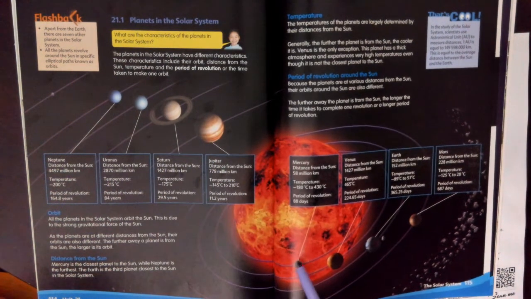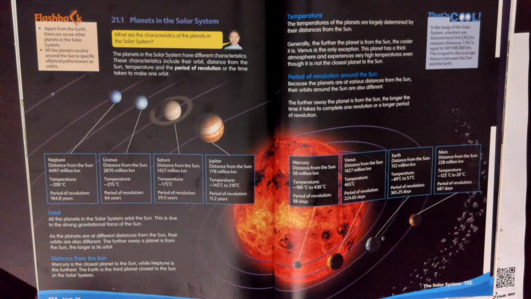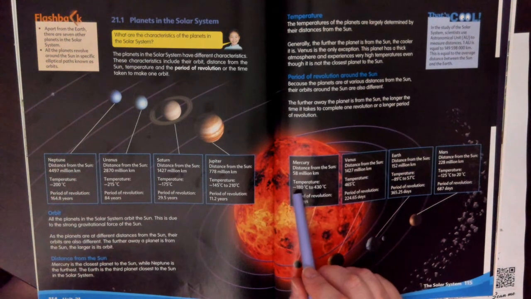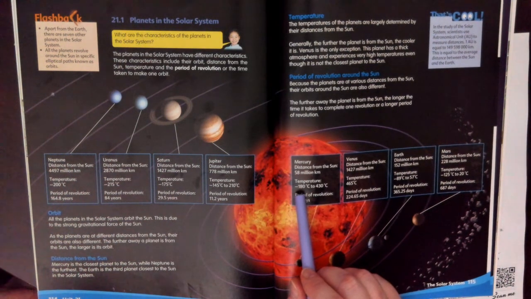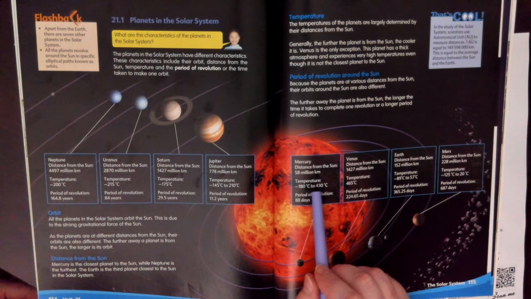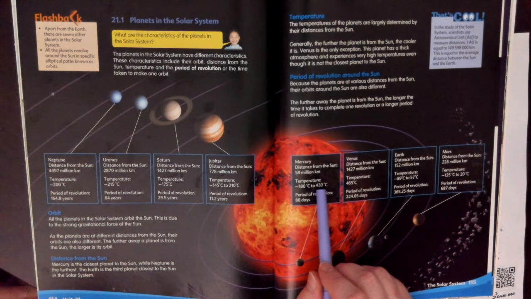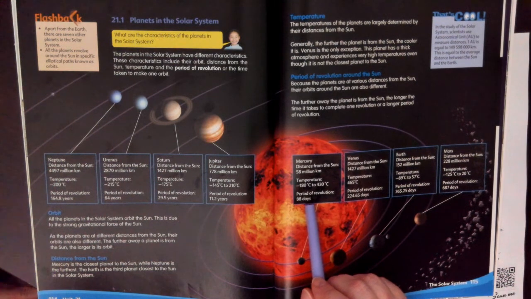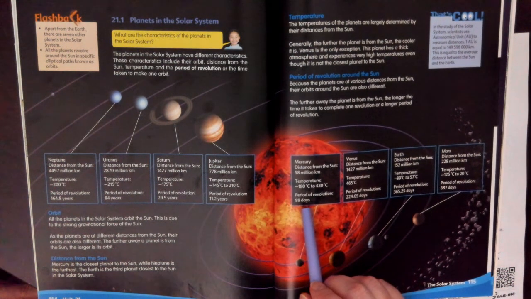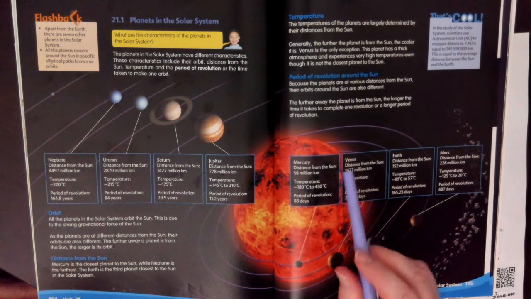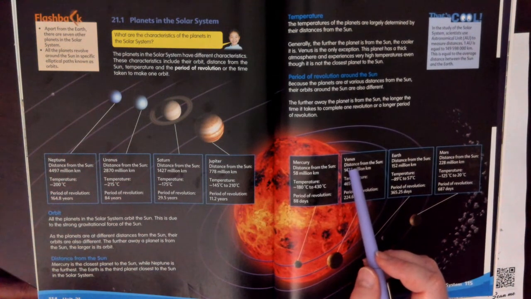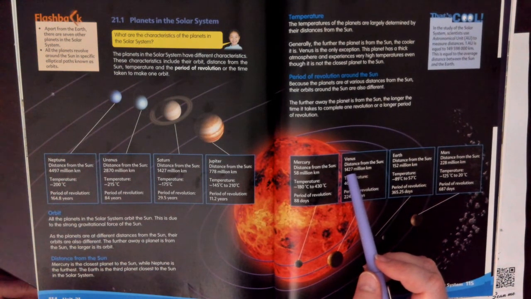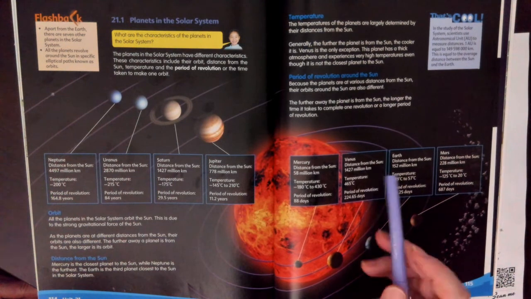Now we're going to start back with the planets that are closest to the Sun. Mercury, its distance from the Sun is only 58 million kilometers. Its temperature ranges from negative 180 degrees Celsius up to 430 degrees Celsius. It takes about 88 days to get around the Sun, and that's 88 Earth days, not 88 Mercury days. Venus, its distance from the Sun is 1,427 million kilometers.